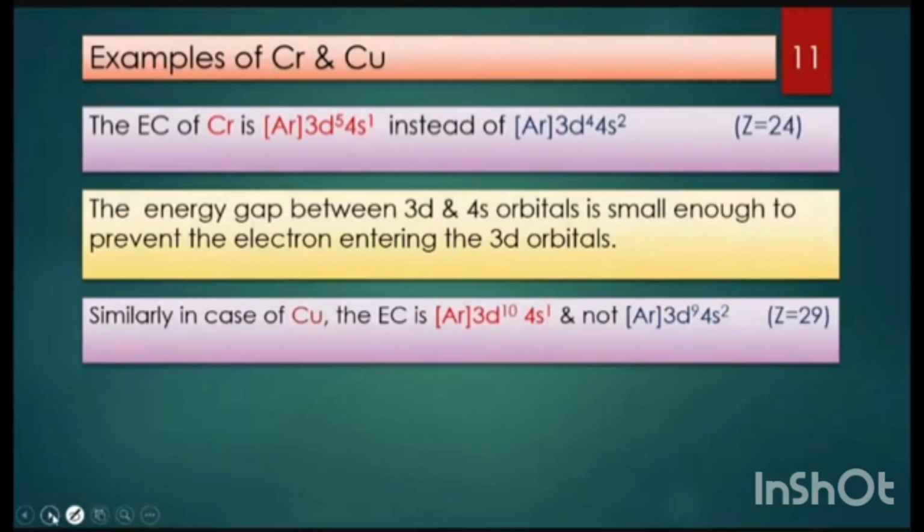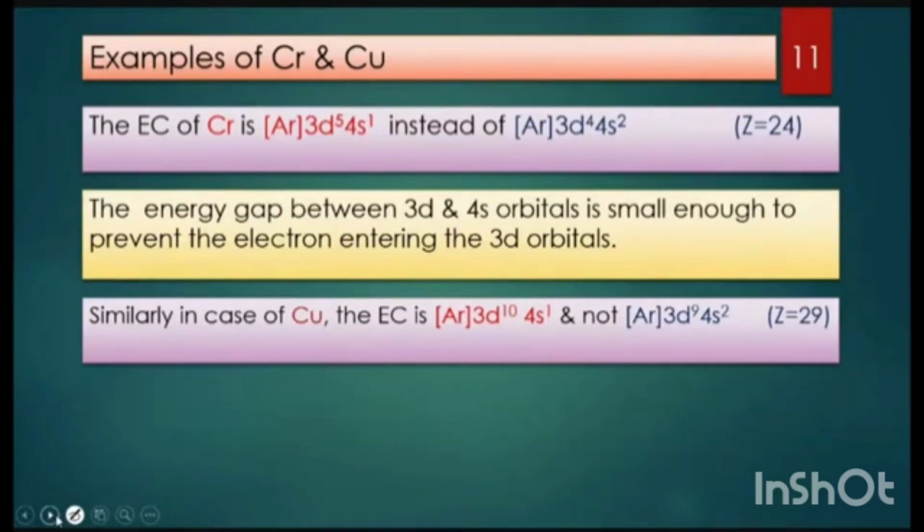But since the energy gap is small between 3d and 4s orbital, an electron will be shifted from 4s orbital to the 3d orbital.